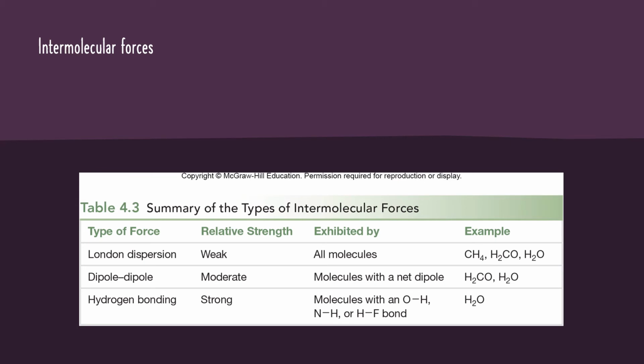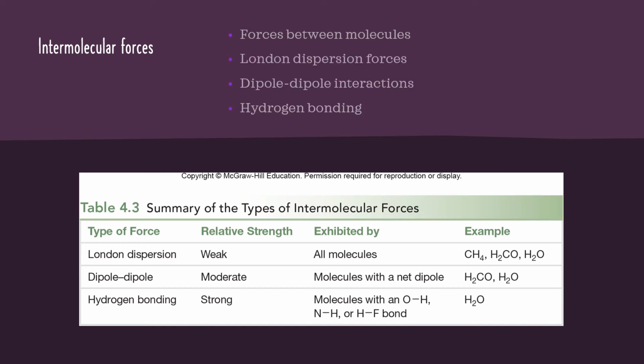Now, how do these things stick together? Well, generally between molecules, we have something called intermolecular forces. This is just forces between molecules, basically how they can stick together. There's three kinds: London dispersion forces, dipole-dipole interactions, and hydrogen bonding.